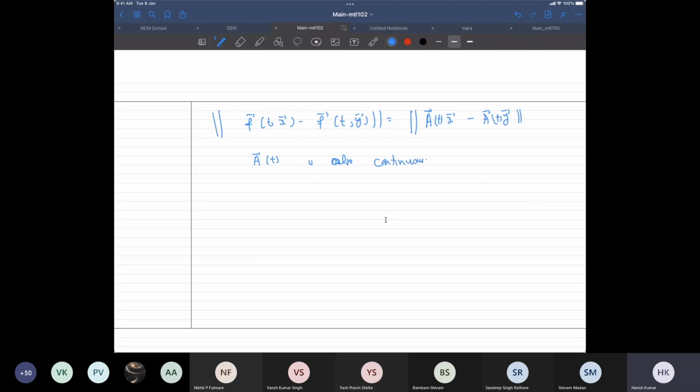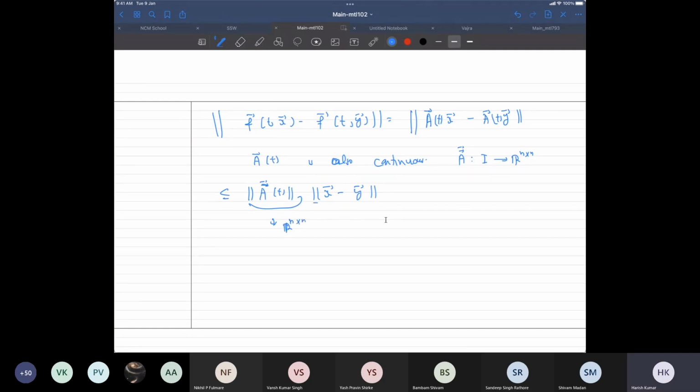It will be an n cross n matrix, so A will be basically going from I to R n cross n. So it will be bounded in this n cross n, so you can write it less than or equal to norm of A(t) times norm of x minus y. What is this? This is norm of A in n cross n.